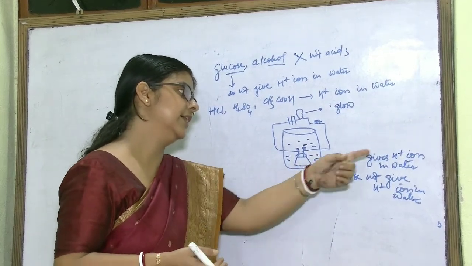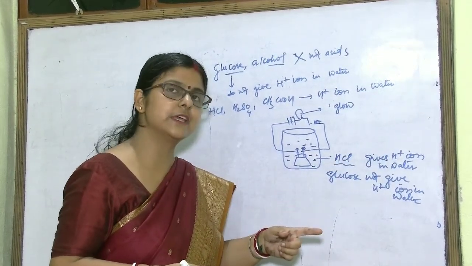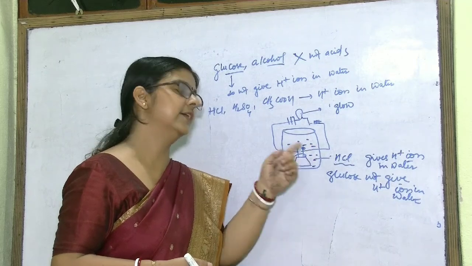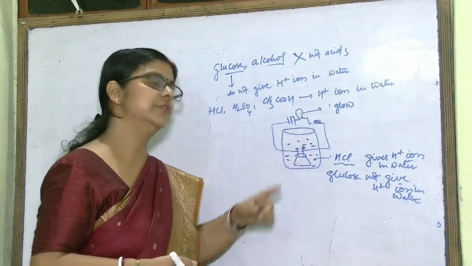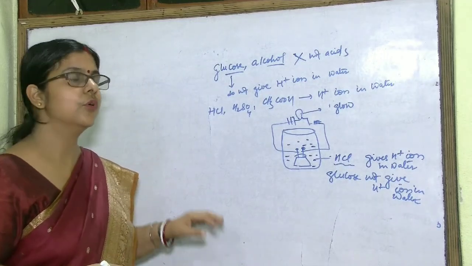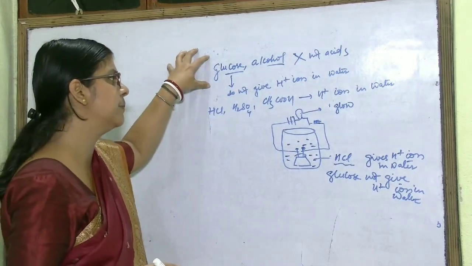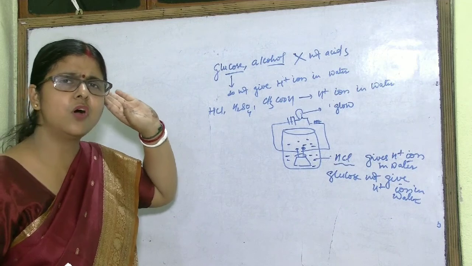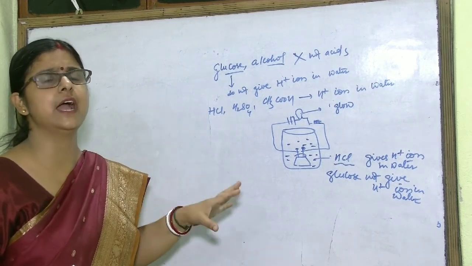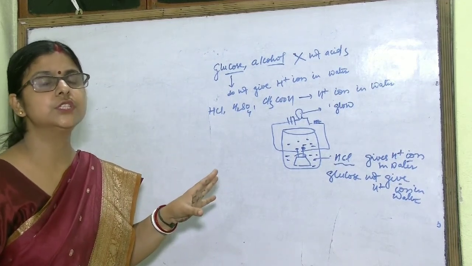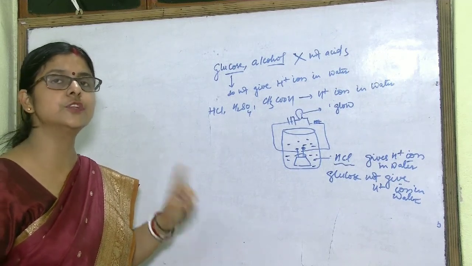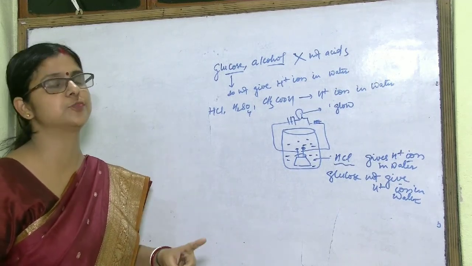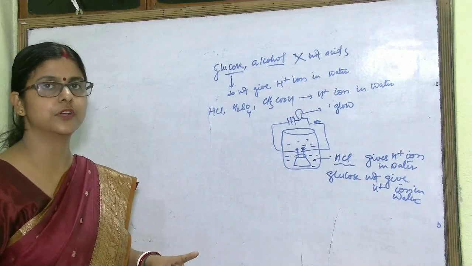But here the H plus ion is present, and these ions are responsible for conduction of electricity, so the bulb is glowing. So one thing we'll have to remember, that all compounds containing hydrogen atoms are not necessarily acids. An acid is a species which gives H plus ion in water.